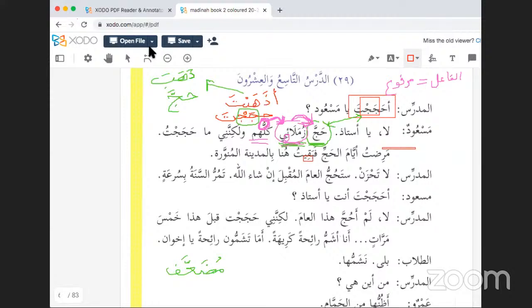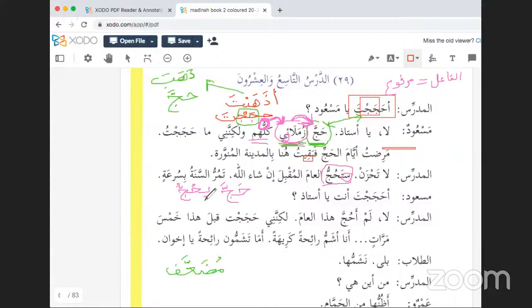So now they've introduced the fi'l mudari'. Satahujju. Seen is for the future. This is for the signs of fi'l, and it's specifically for the fi'l mudari'. Then tahujju. So the verb is hajja, yahujju.